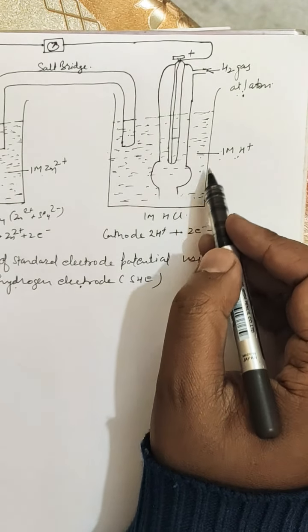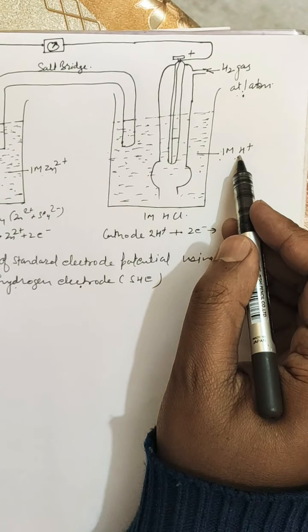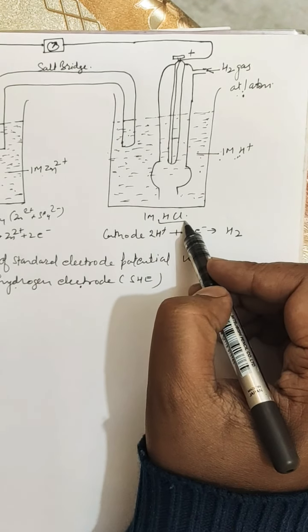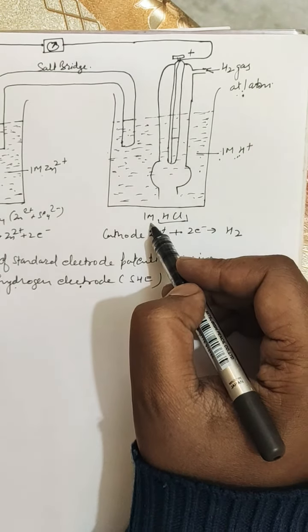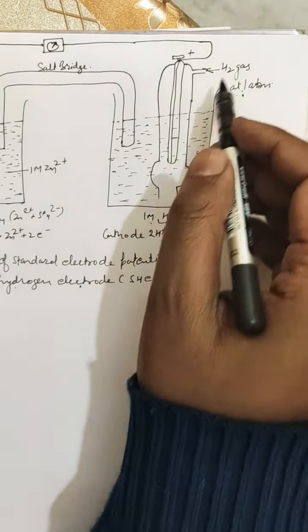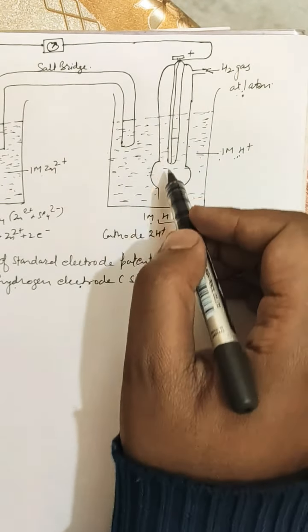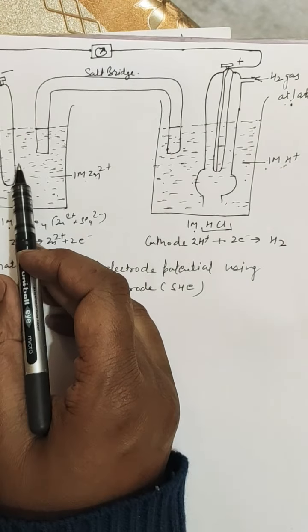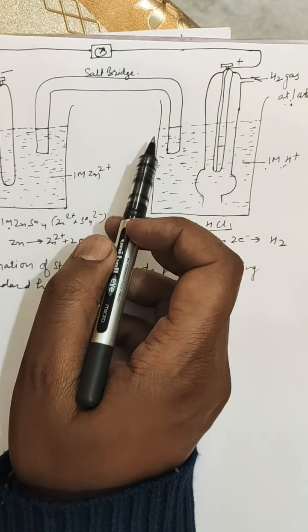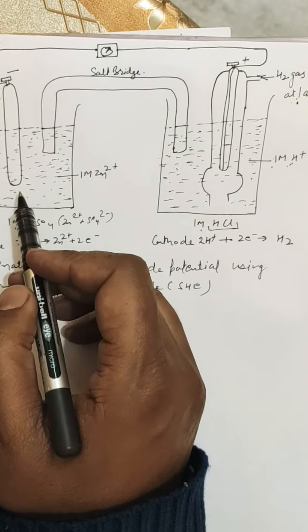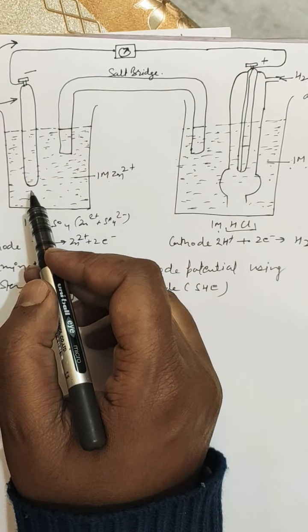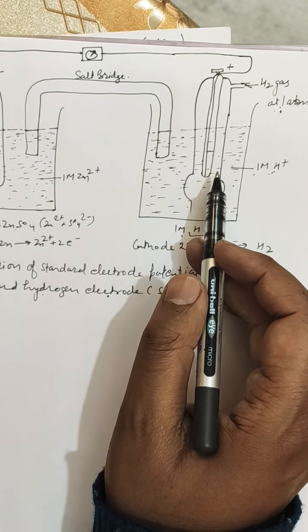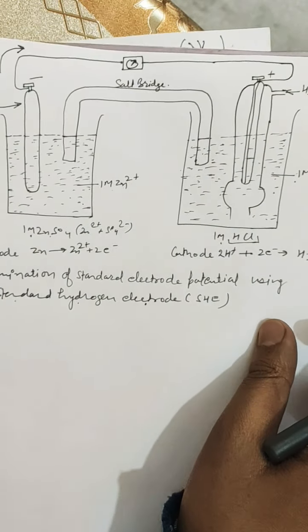To make the H positive solution we have taken HCl, hydrogen chloride, at 1 molar. Both are connected with a salt bridge. So basically this is an electrochemical cell, in which one electrode is zinc and the other electrode is the standard hydrogen electrode.